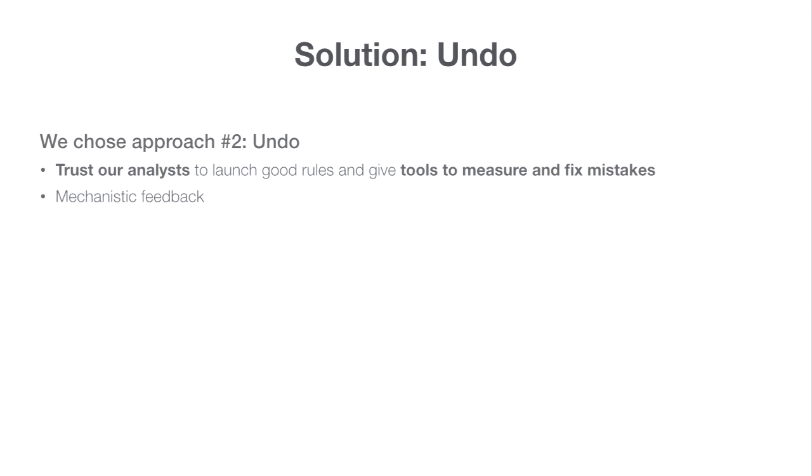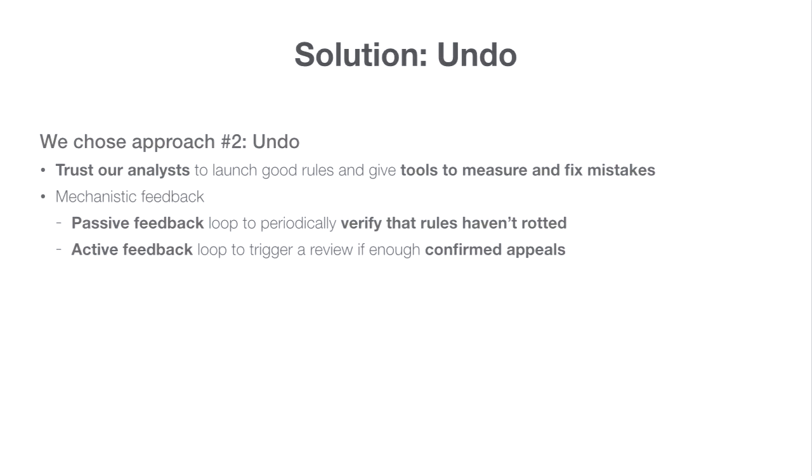We also have mechanistic feedback. So there's a passive loop, where we sample actions that are taken from rules over time. If we get enough of a statistical signal that there might be something up with this rule, that its prior has changed, then we would potentially do a re-review of the whole rule. The other one is an active feedback loop.